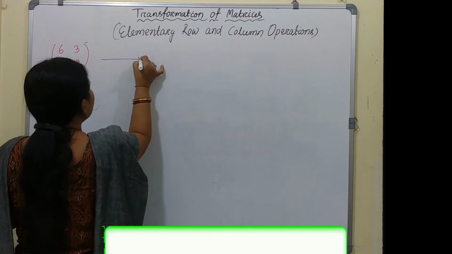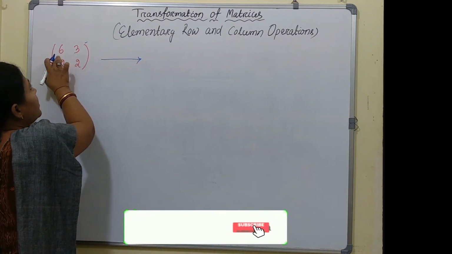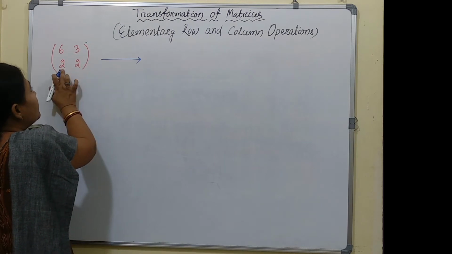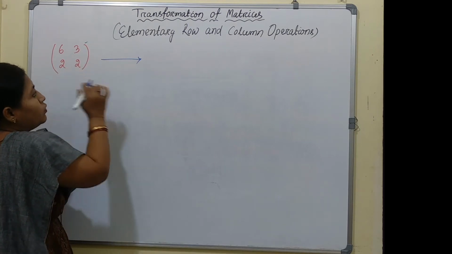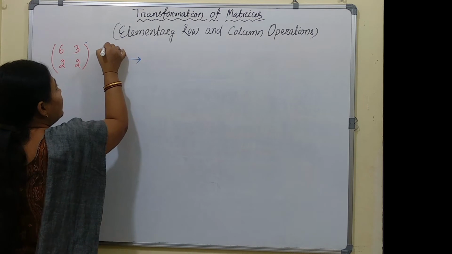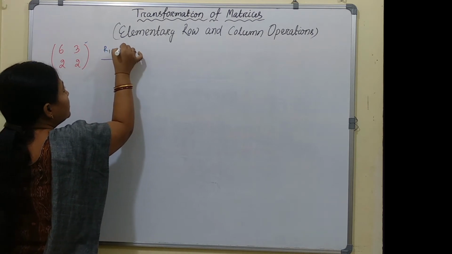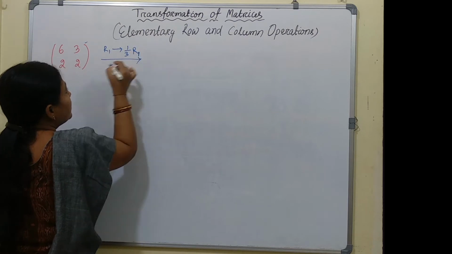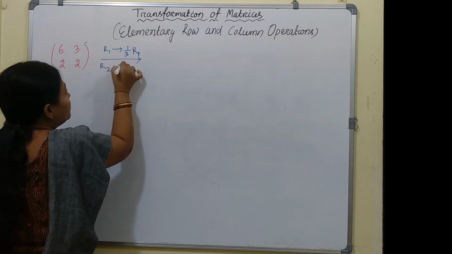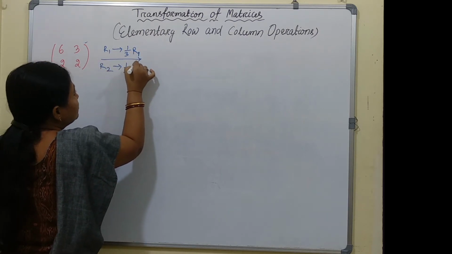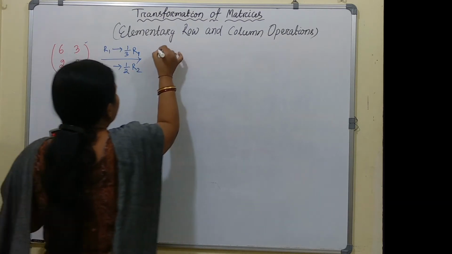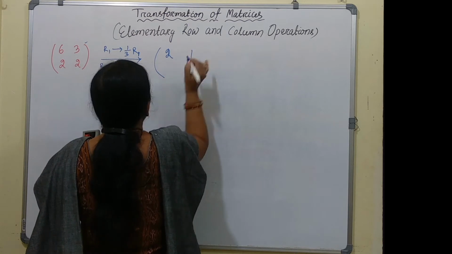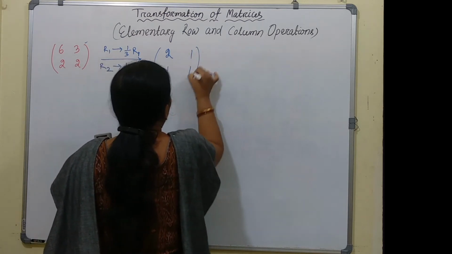Multiplying row 1 by 1/3 and row 2 by 1/2, this matrix becomes 2, 1, 1, 1.